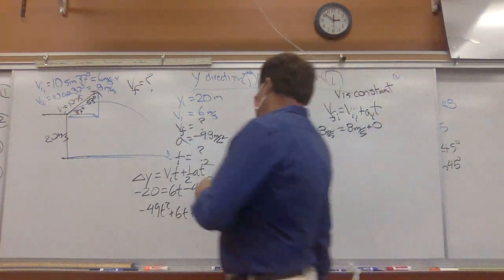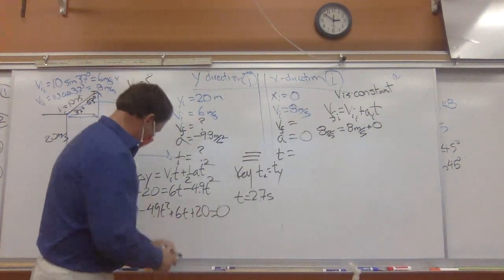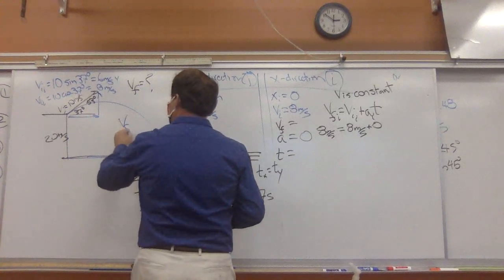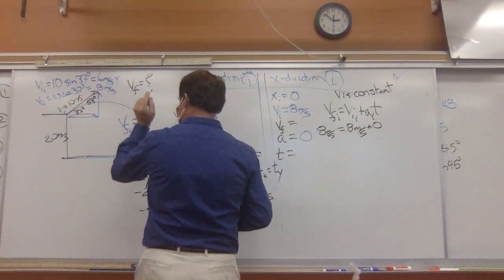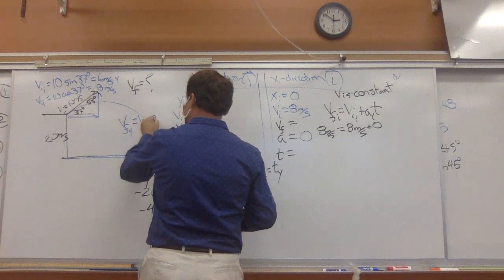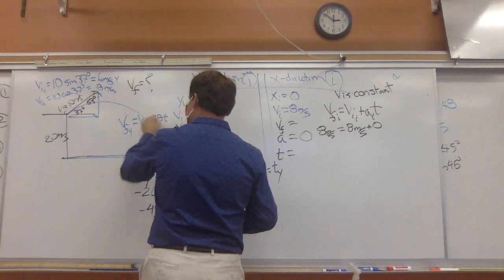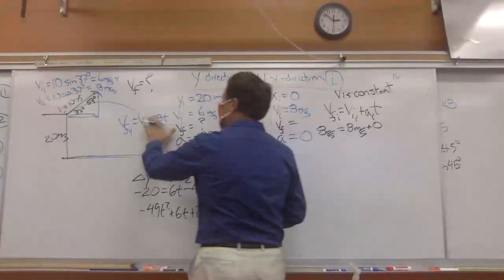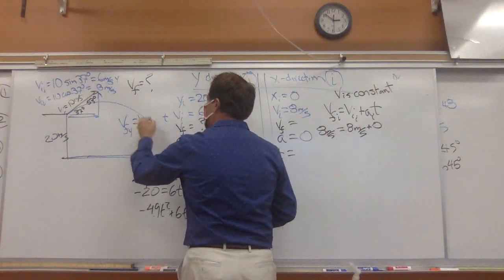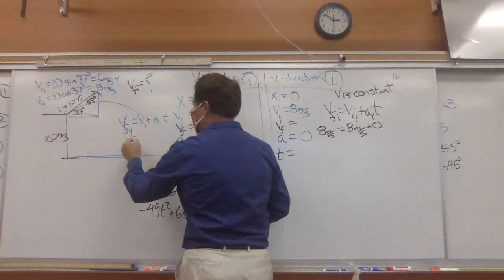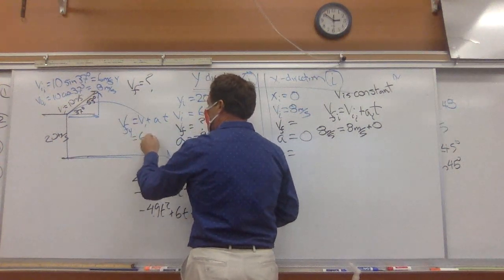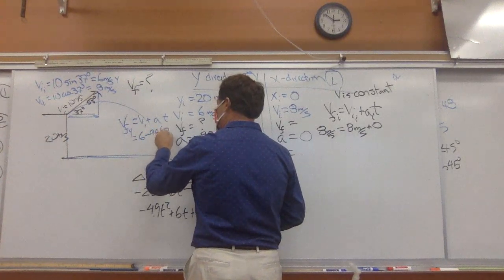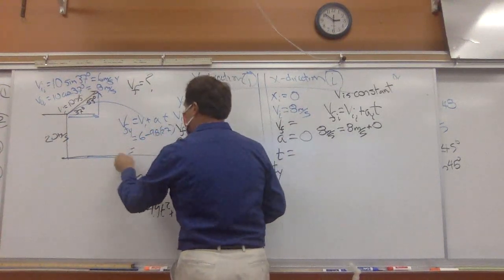All right. So now what we can do is say V final in the y direction is equal to V initial minus 9.8 t. I should say plus AT. Now when we plug in numbers, we're going to have positive 6 minus 9.8 times 2.7.